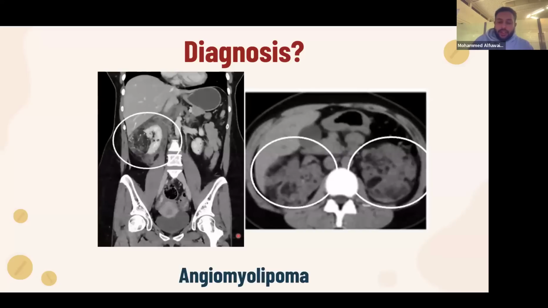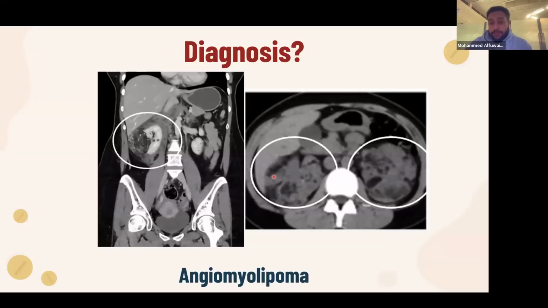This is an angiomyolipoma. These black structures in the mass itself are what? Lipids. Lipids are black on CT. So if you see these black lesions in an area of many densities, this is an angiomyolipoma.